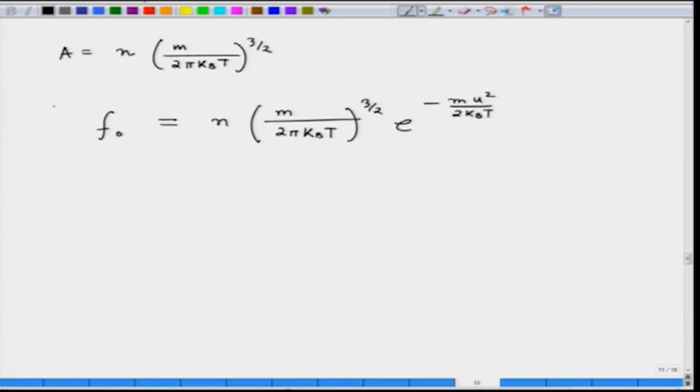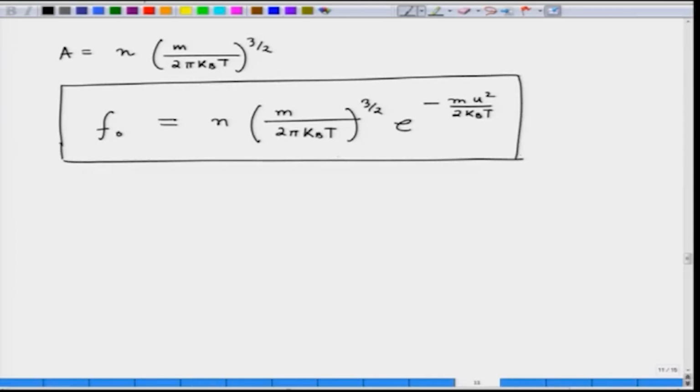So, this is the standard form of the Maxwellian distribution.